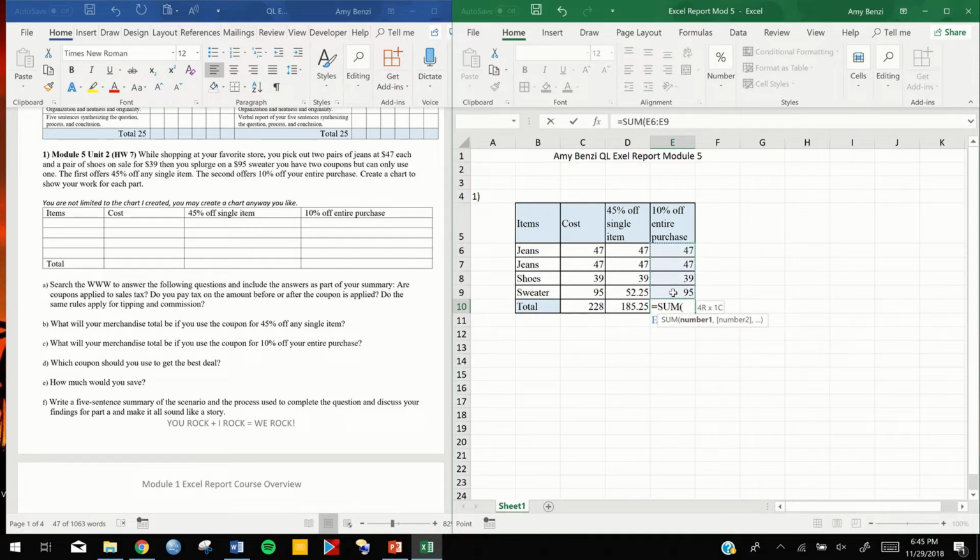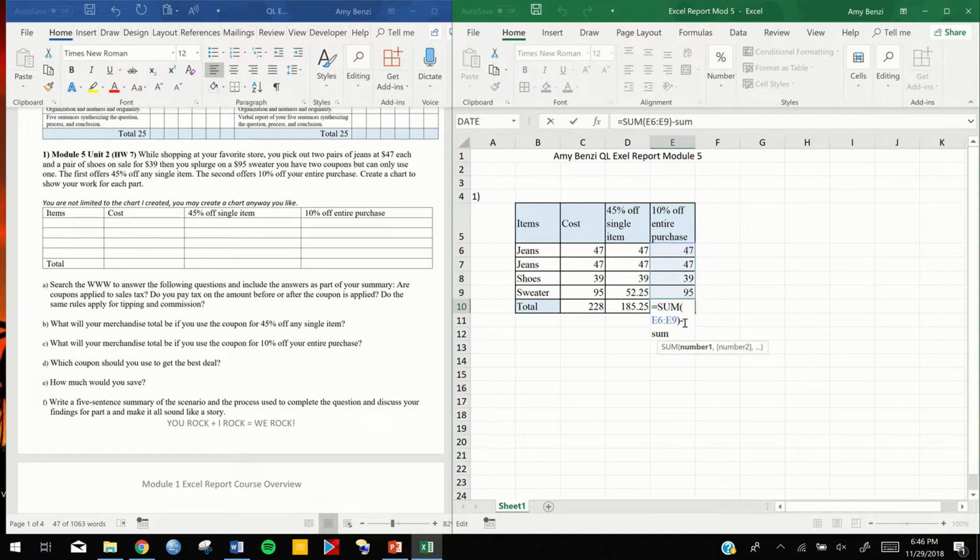So I'm going to put equals the sum of these cells. When I said these cells, I selected those 4 cells. All right, the sum of those 4 cells minus the same thing again, the sum of these 4 cells.